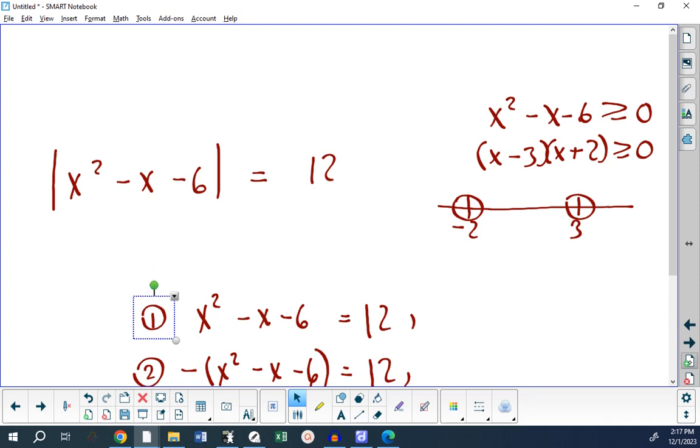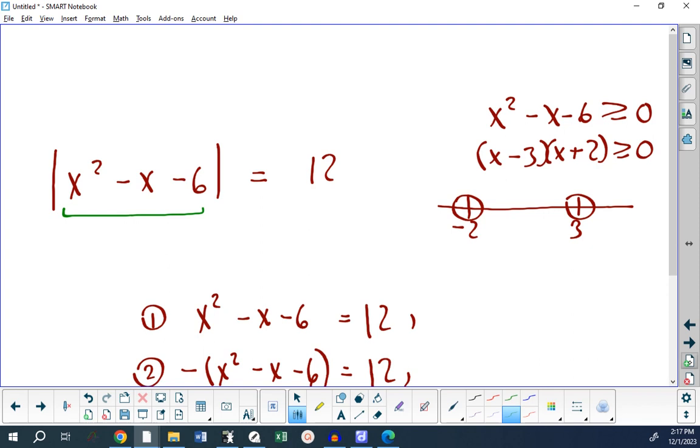And when we first did this, we put numbers into the calculator. You don't need to do that. If this thing were graphed as a parabola, just this, it opens up, doesn't it? Because it's positive x squared.